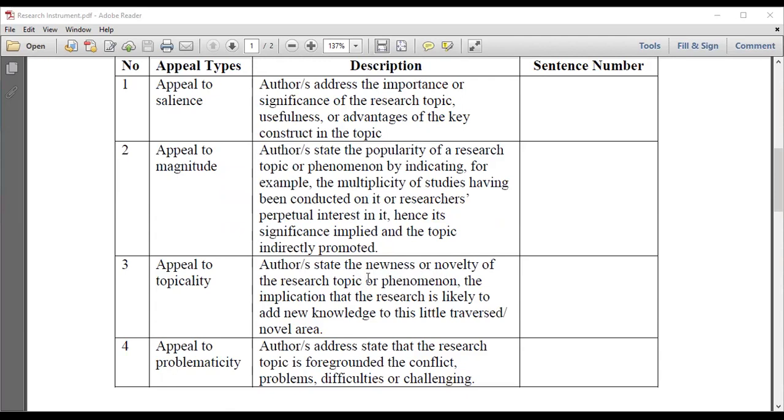Also at the beginning. So this is the third type, the newness of the topic or of the research. Just write the sentence number.